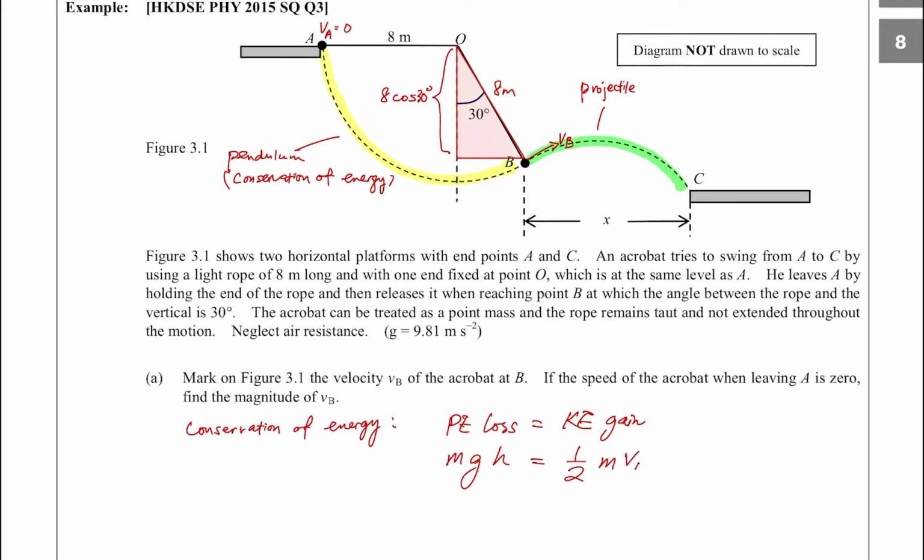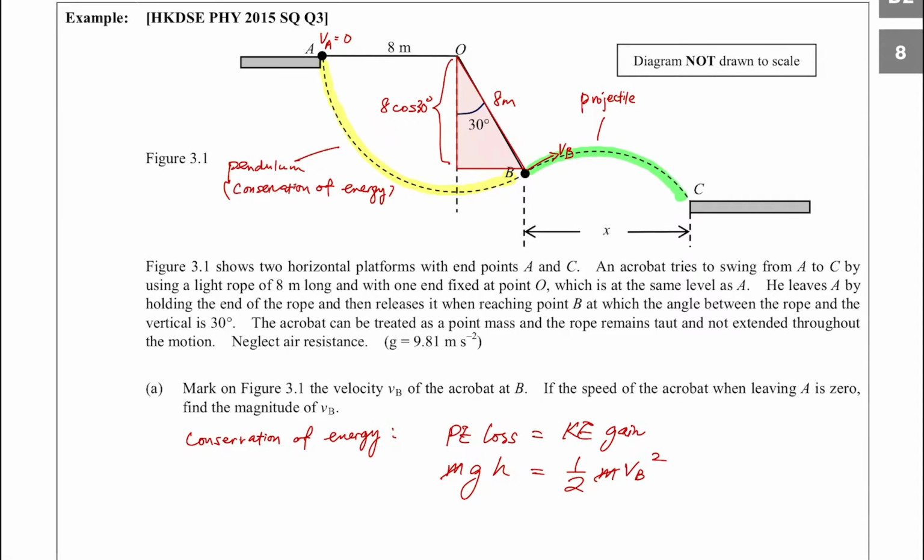KE gain is half m VB squared. M is cancelled out, so it doesn't matter what the mass of the acrobat is. G is 9.81. The loss in height is 8 cosine 30 degrees.